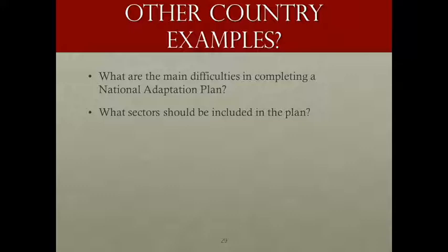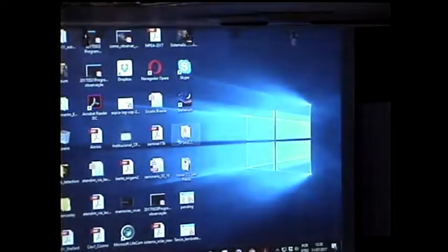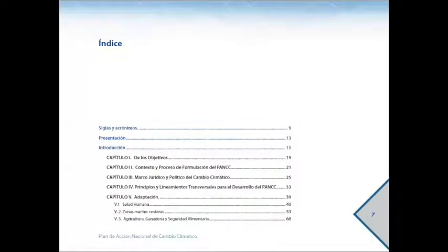Let me see if I can just quickly show you here, as an example, this is the plan. This is the document that was approved last year. So we do have a document, but it's still incomplete. I just wanted to show you, for example, how adaptation was organized around different sectors.